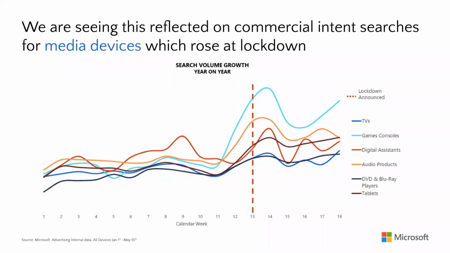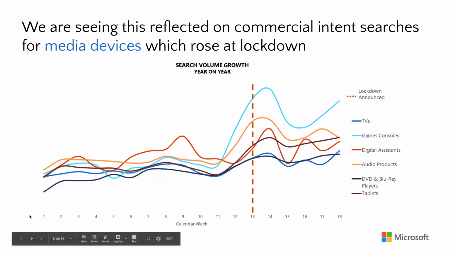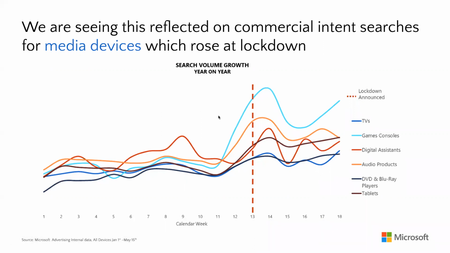But yeah, the biggest growth we've seen is games consoles. Now, I would point out there's a lot of noise in games consoles at the moment, with new PlayStations and Xboxes being teased and talked about. That was actually stripped from this, so it's still a really significant amount of growth.